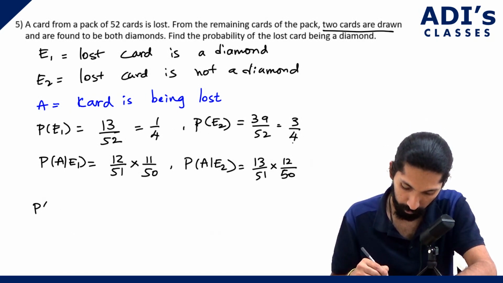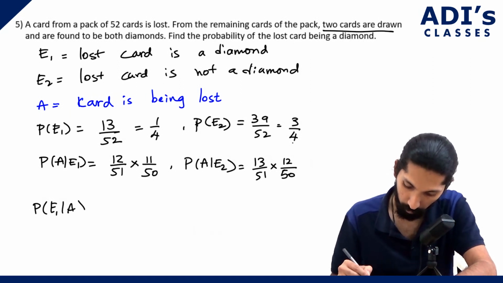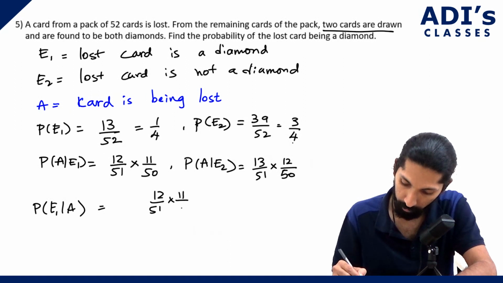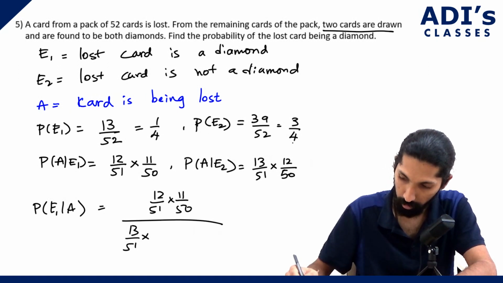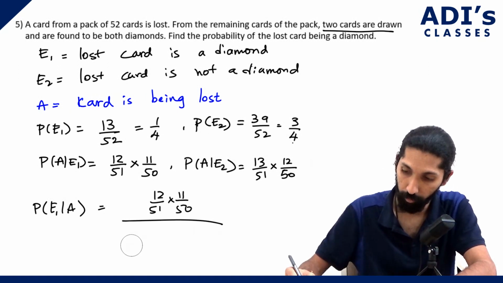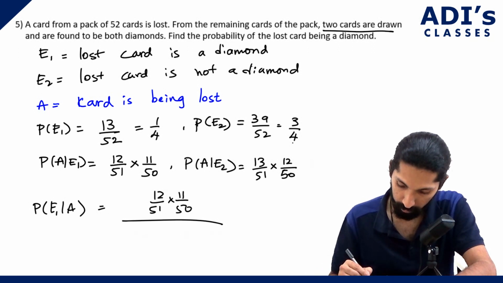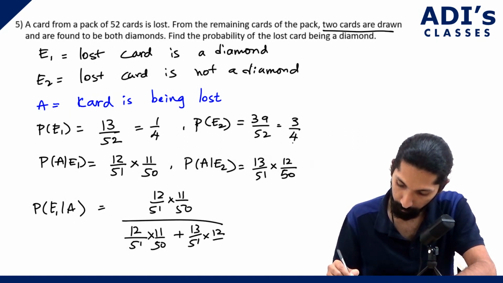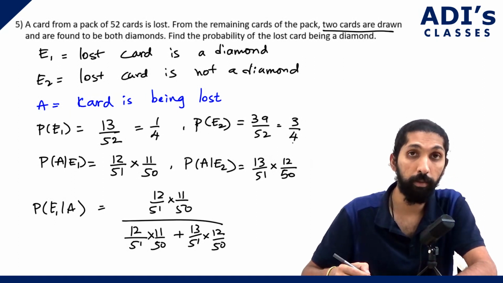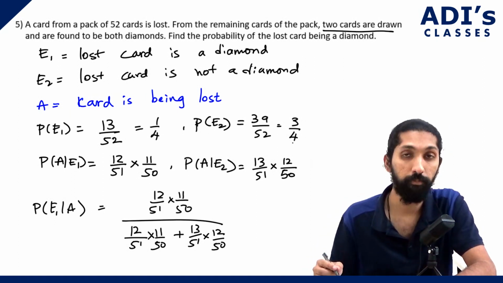P of E1 given A. Numerator 12 by 51 into 11 by 50, divided by 12 by 51 into 11 by 50 plus 13 by 51 into 12 by 50. See, denominator and numerator have the same common factor, 51 by 50.